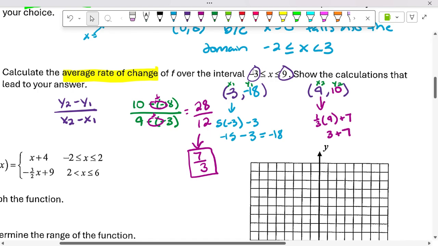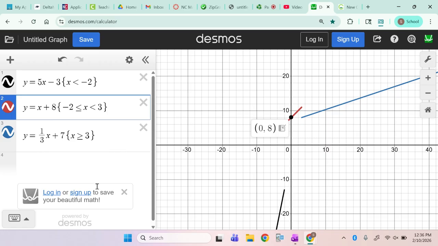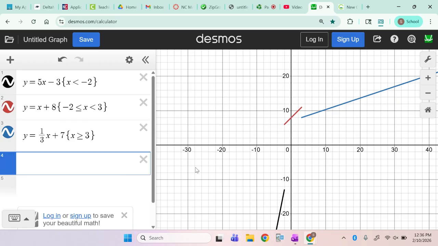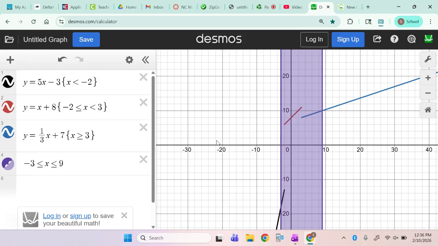If you wanted to, you could plug in this entire interval. All right? So, let's do that. So, in Desmos, I'm going to plug in this interval. So, negative 3 is less than or equal to x, which is less than 9. So, this interval right here is where we're finding the rate of change.